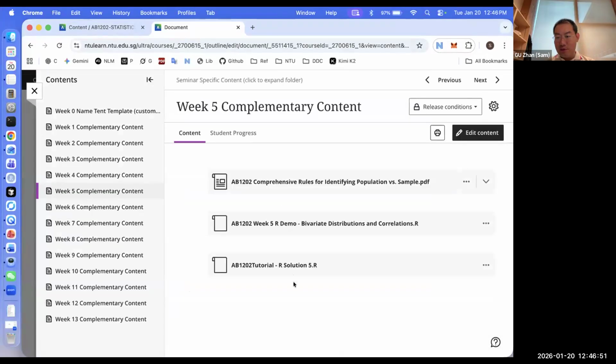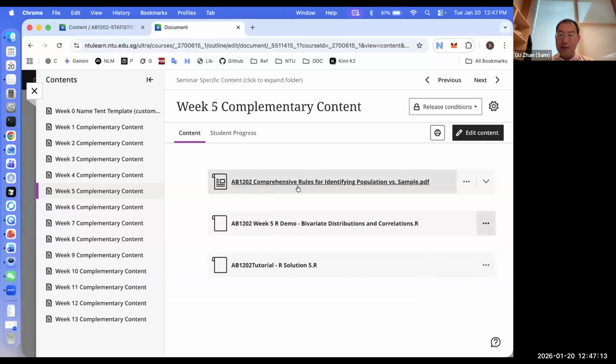You are seeing a few documents and scripts here. The second one is the demo, which is used to complement the slides, while the R tutorial solutions is for the tutorial. So download both of them.